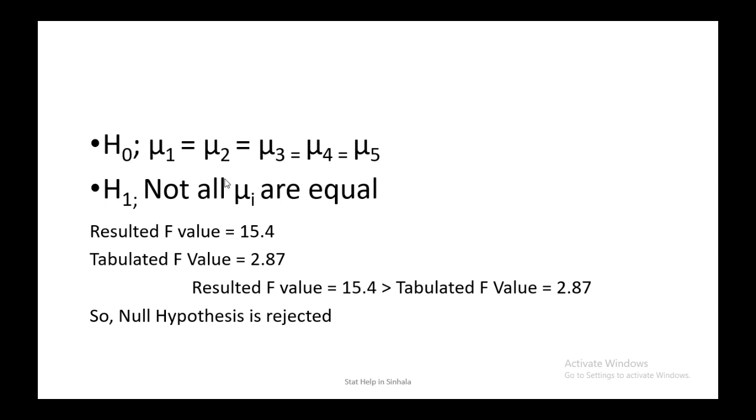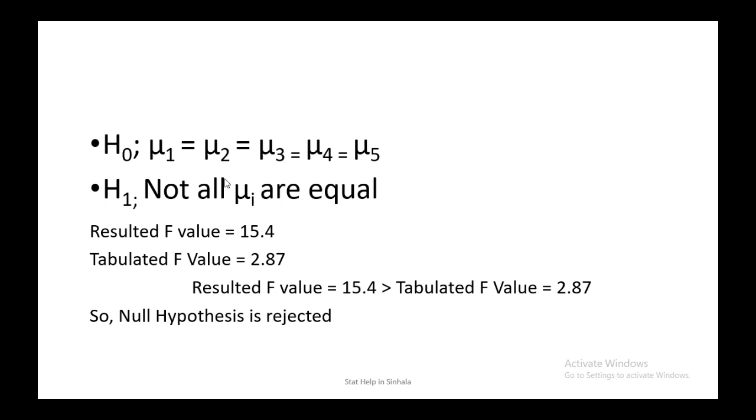Null hypothesis is rejected means there may be a significant difference between two mean values of applied treatments. So we can reject the null hypothesis. This is all regarding how we are going to calculate the ANOVA table for a completely randomized design manually.